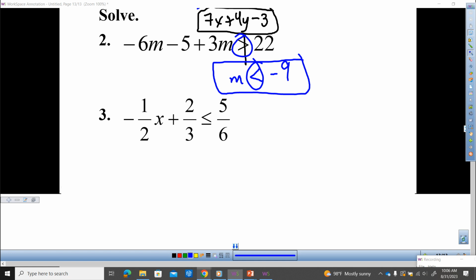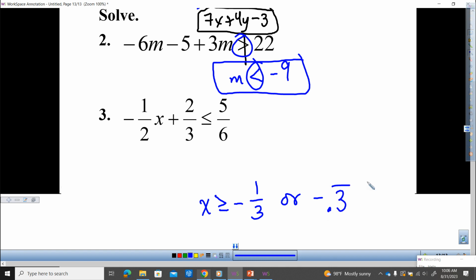All right, pass someone, Jocelyn. Courtney Jean, what'd you get? Negative 1 over 3. Hands if you got that, or negative 0.3 bar. Yes? Looks about right.